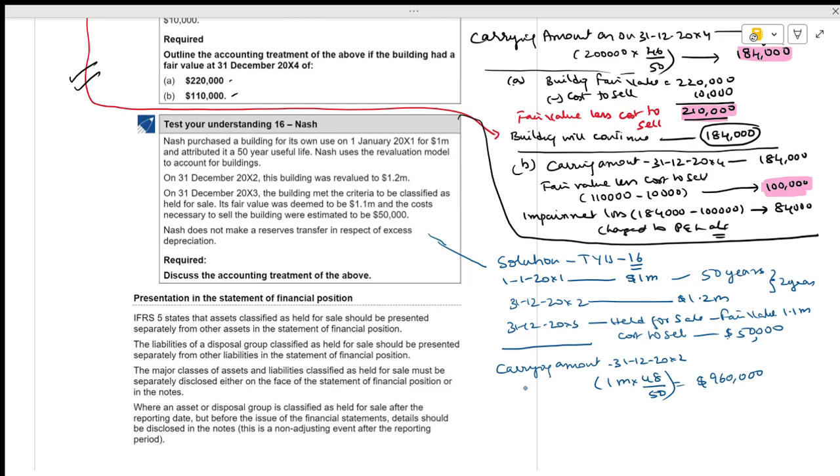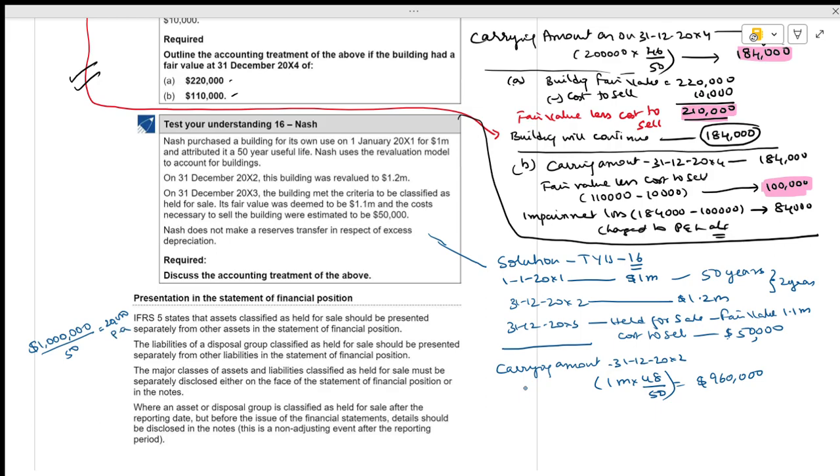Some people will have doubt. 1 million is the value, and for 2 years depreciation, divided by 50, it comes to 20,000 per annum.